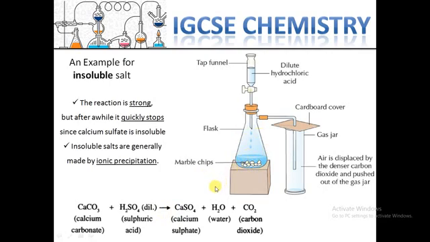The products of this reaction are calcium sulfate, CaSO4, water, and carbon dioxide. Carbon dioxide is a gas, which can leave the flask through the pipe and be collected in a gas jar. The reaction is strong, but after a while it quickly stops since calcium sulfate is insoluble.